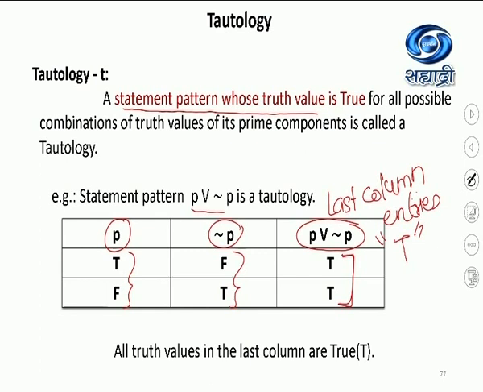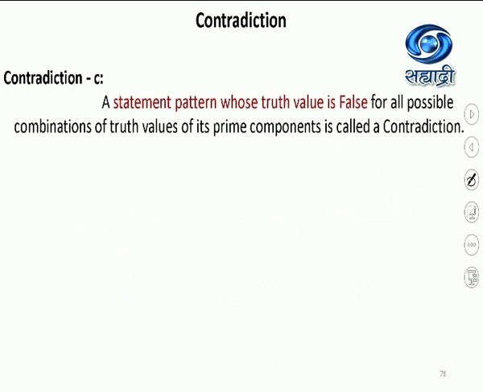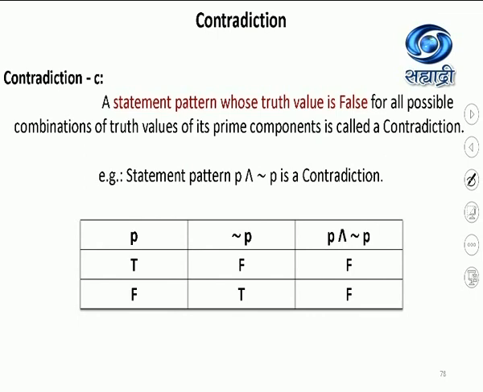I have already told you, a contradiction is denoted by the letter small c, and it is a statement pattern whose truth value is false for all possible combinations of truth values of its prime components. Meaning P and negation P, for example, is a contradiction. On what basis? On the basis of the truth table.